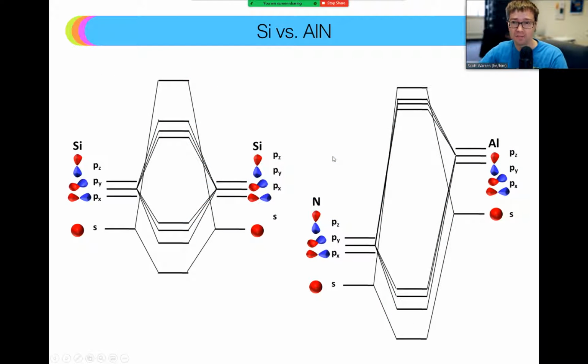We left off talking about silicon versus aluminum nitride. And this is a really interesting comparison because silicon and aluminum nitride have the same number of valence electrons.